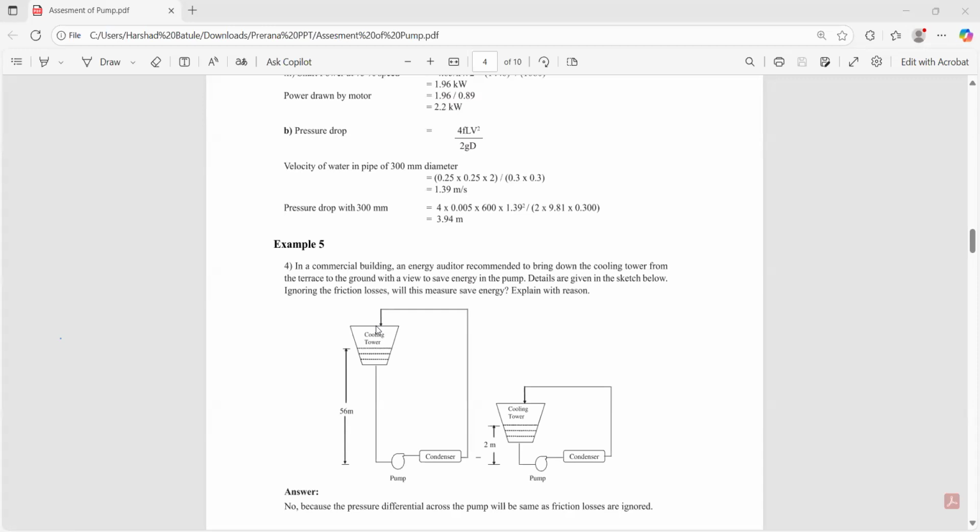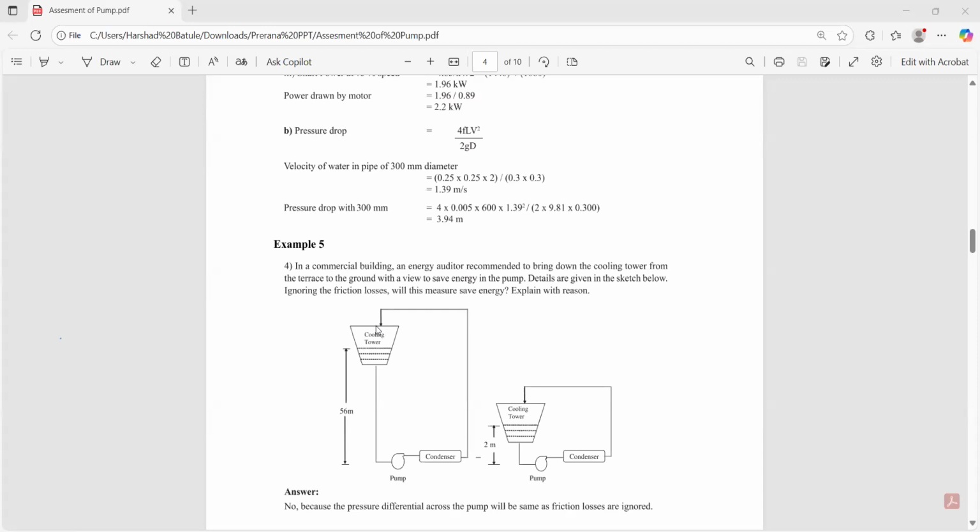That's why many commercial buildings or hotel-like structures usually place their cooling tower at the top of the building, whatever the height of the building. There are multiple factors affecting the cooling tower.